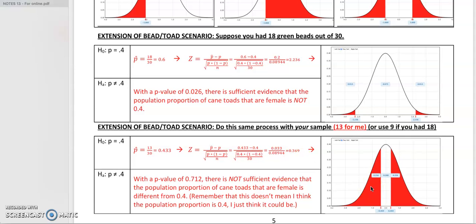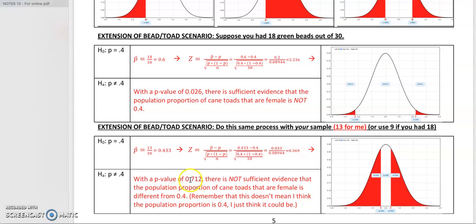And if I go to StatKey, again, I'm going to choose two-tail. I'm going to put 0.369 here, but then I need to also put the negative version here. And what you'll see is that a lot of this picture is shaded. So what this is telling me with my p-value of 0.712 is that if this really is the population proportion, it's not at all strange that I would get a result like this, because things like this happen quite a bit.